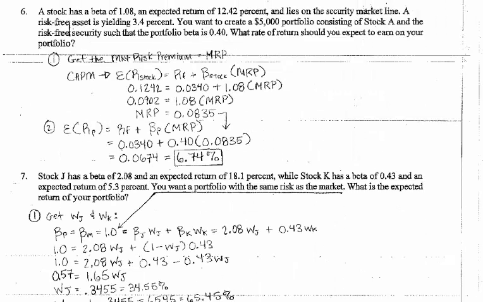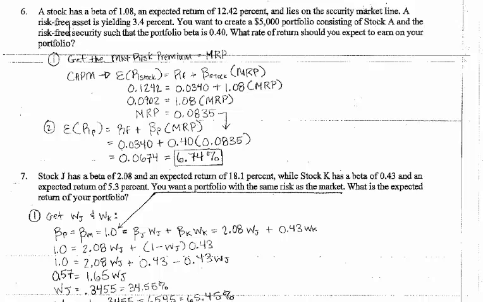Now we're moving into a little bit meatier problem, because we're going to get into the idea of CAPM. Remember, CAPM stands for the Capital Asset Pricing Model, and we got into this discussion in the lecture as well, 4.1, talking about the security market line. So, a stock has a beta of 1.08.